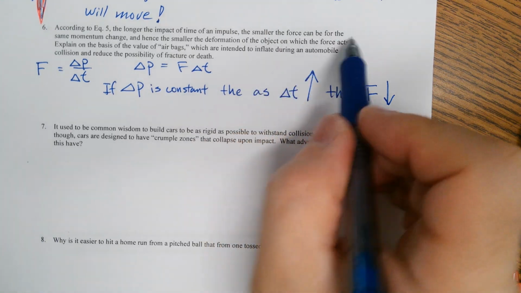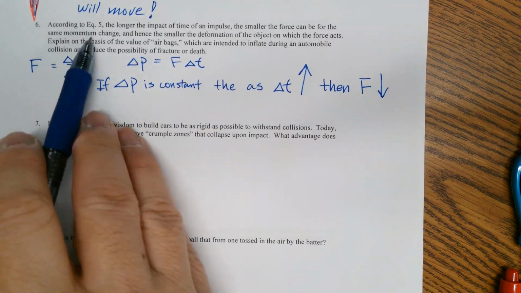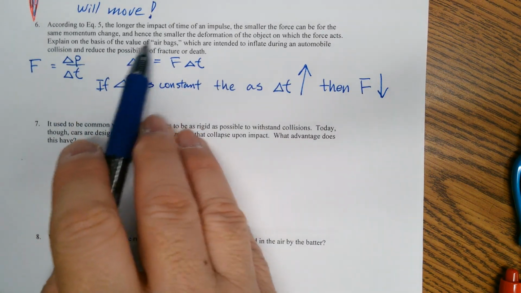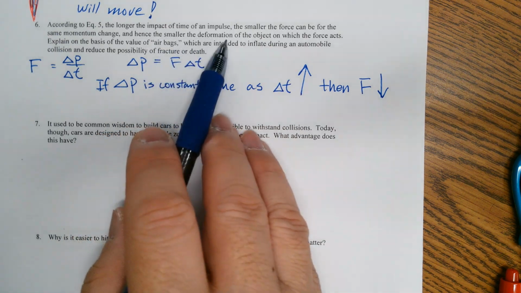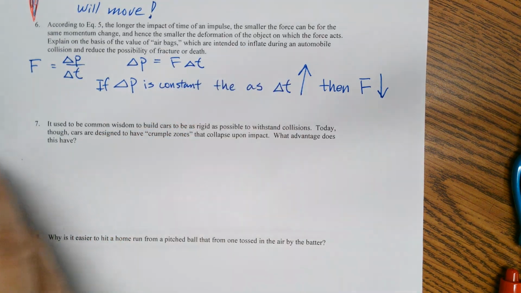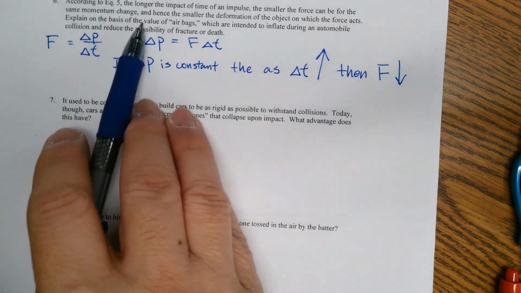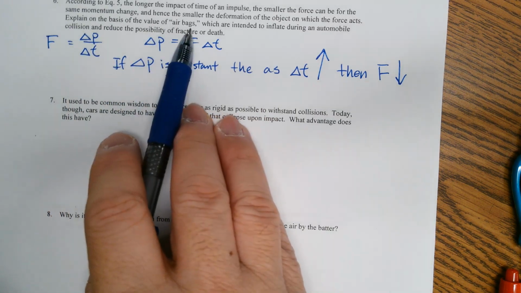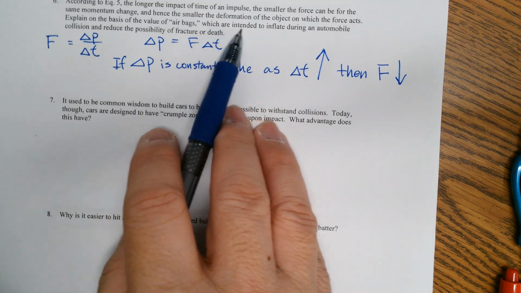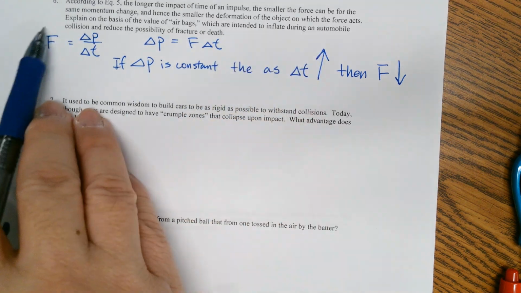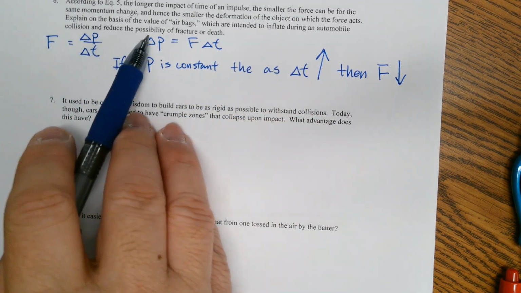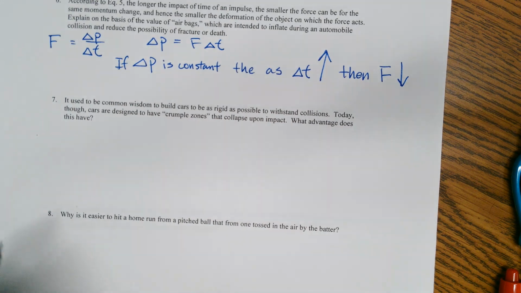The smaller the force can be for the same momentum change, and hence the smaller the deformation of the object on which the force acts. Explain the basis of the value of airbags, which are intended to inflate during an automobile collision and reduce the possibility of fracture or death.